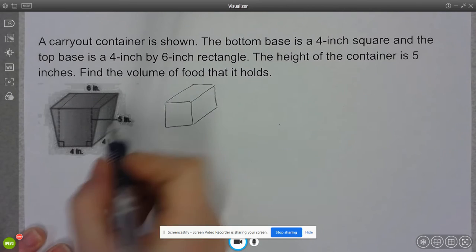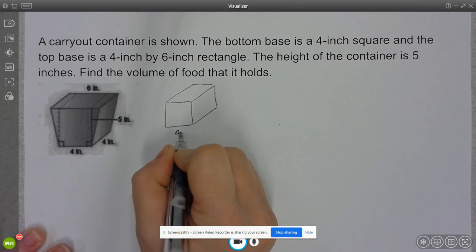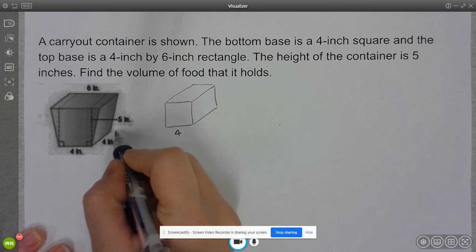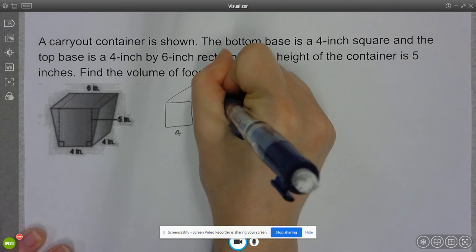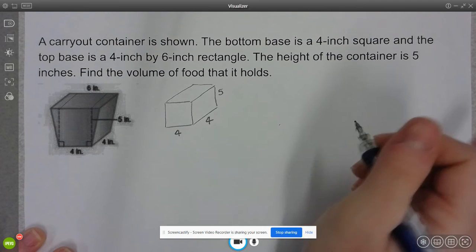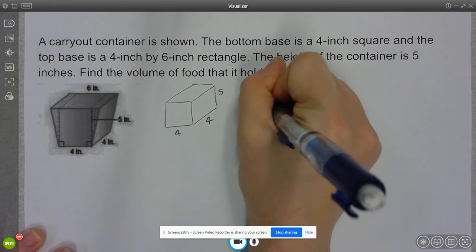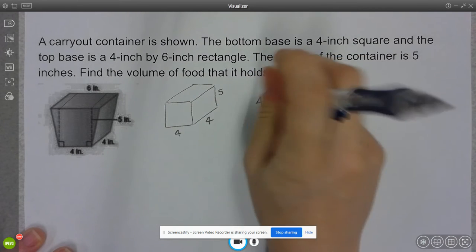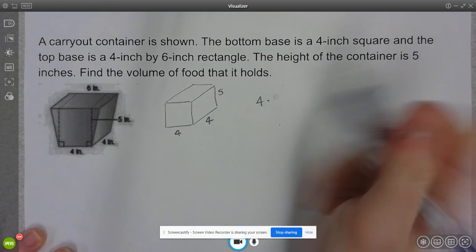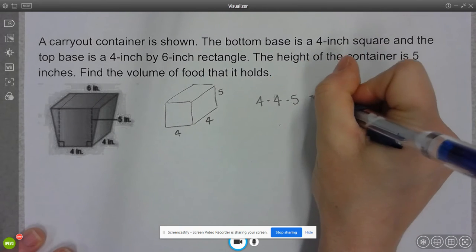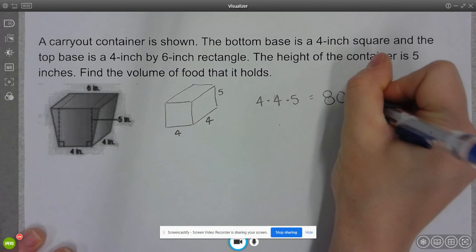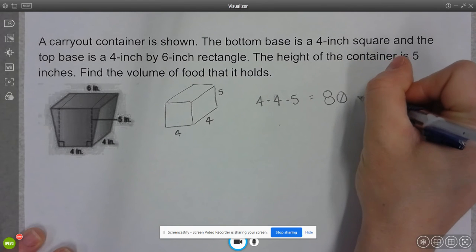All right, so we have 4 being our base, 4 being our depth, and 5 being our height. So the volume of this would be 4 times 4 times 5, which is going to give us 80 cubic inches, right?